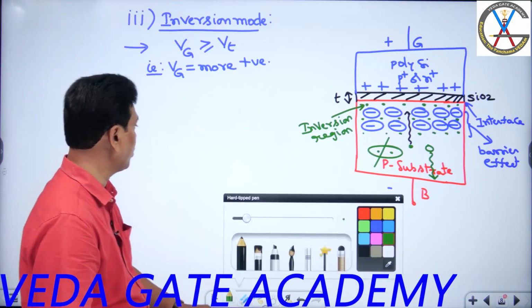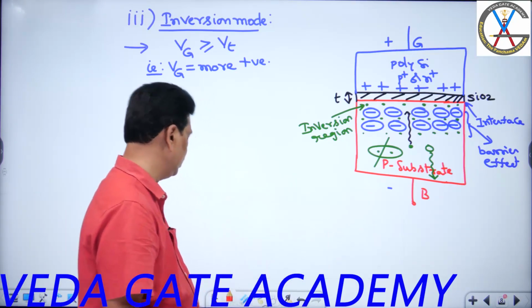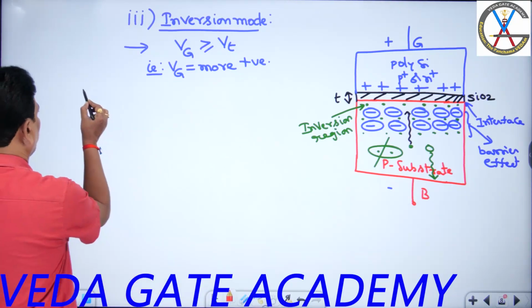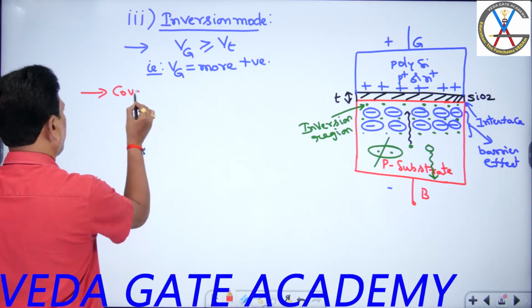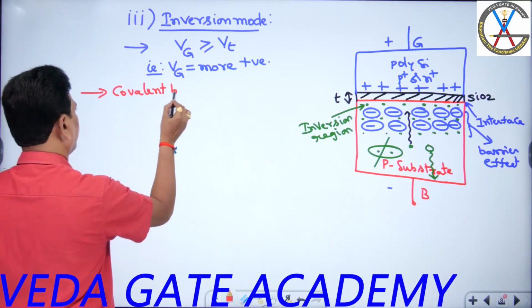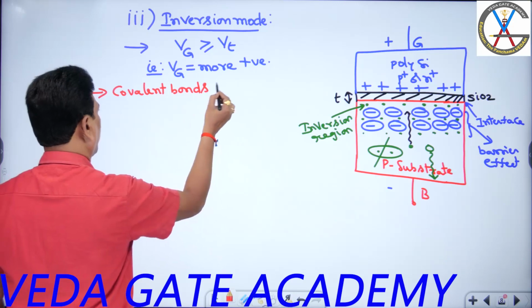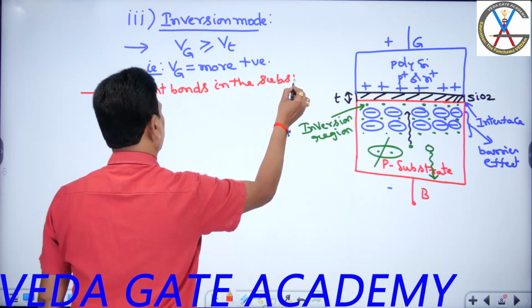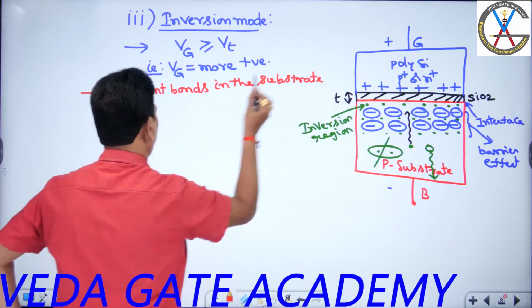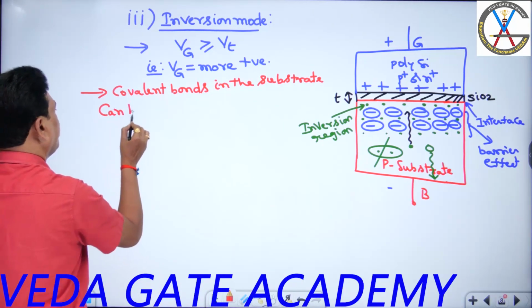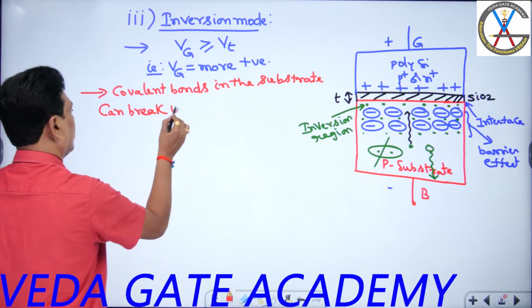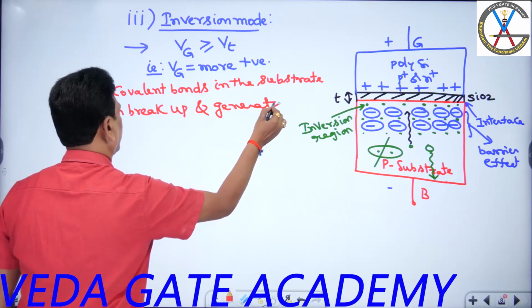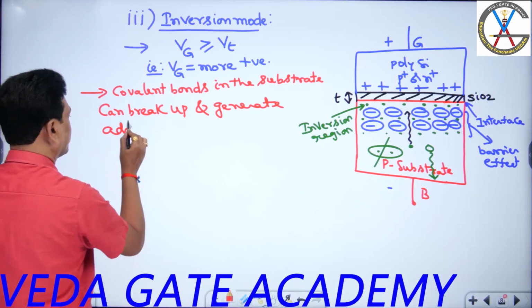Now you can examine it. So Vc greater than or equal to Vt, Vc more positive, students. In this, what I told: covalent bonds in the substrate body can break up, confirm, and generate additional electron hole pairs.